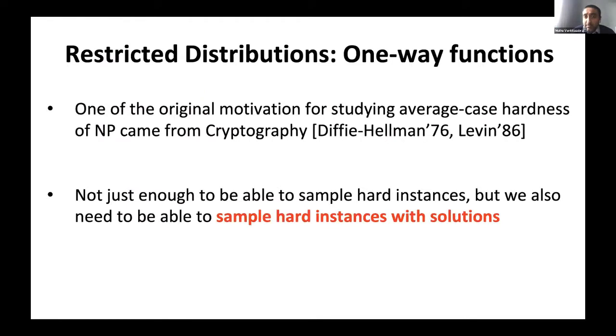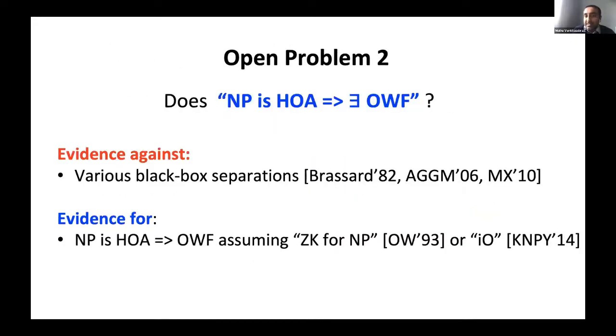The second class of problems, which captured one-way functions, well, we heard a lot about it in the last talk. I'm not going to motivate one-way functions, except to say that a related open problem over here is, does average case hardness of NP imply the existence of one-way functions? This is also related to the open question that was discussed in the previous talk.